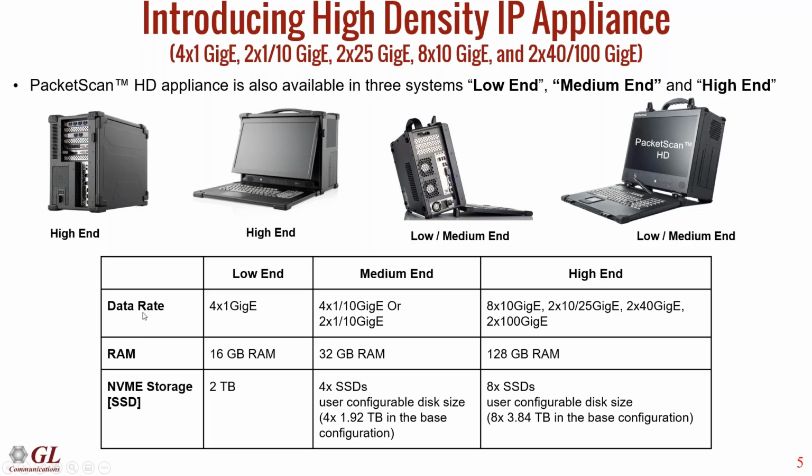So you can imagine that as you go to higher speeds, 25 gig, 40 gig, 100 gig, you're going to fill up your RAM pretty quickly, and you're going to fill up your SSD very quickly as well. So you will need a lot of storage and RAM capability as you move to higher data rates. So this table kind of summarizes our low end, medium end, and high end.